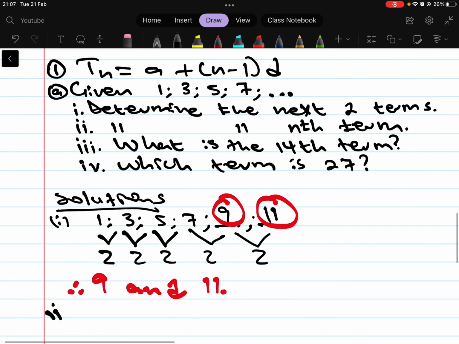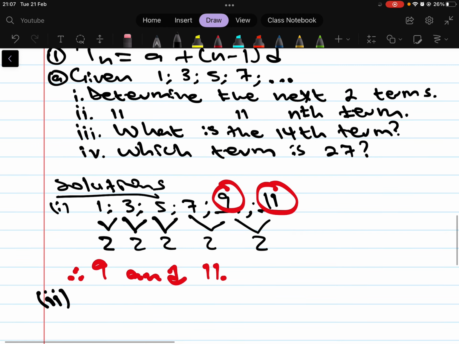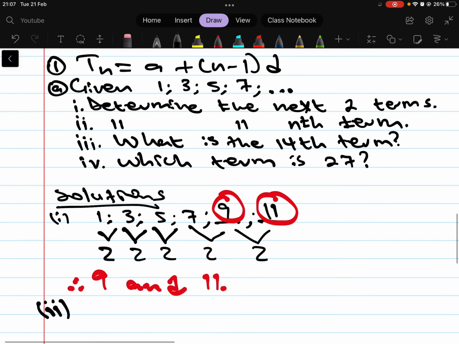As simple as that. The second part of the question, they are asking you to determine the nth term. So we've already established this is a linear number pattern. So for a linear number pattern, look at the general formula that we have there. We need to get the value of a and the value of d, then we are done with getting the general term or the nth term.